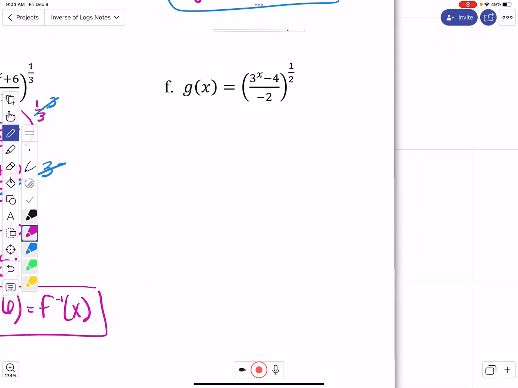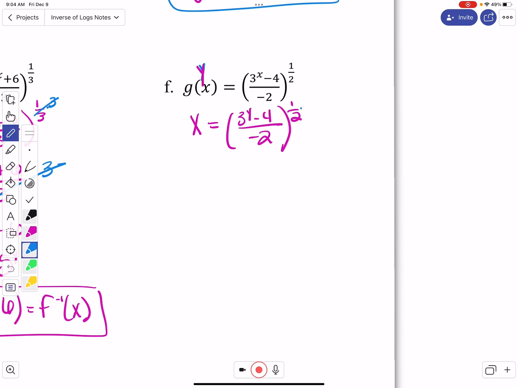Okay, very similar. I have a fractional exponent over here. So let me rewrite this with my y in it. With the fractional exponent, I'm just going to raise this to the 2nd power, and that gets rid of it. I'm going to multiply by -2 now.